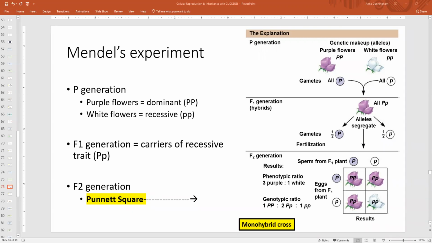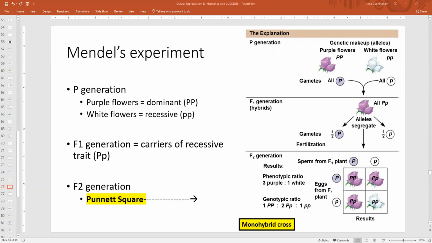He generated what he called true breeding plants. Basically, he bred purple plants together over and over until, when he bred two purple plants together, there were never any white offspring. That was true breeding. No matter what, when you cross them, they generated purple plants.